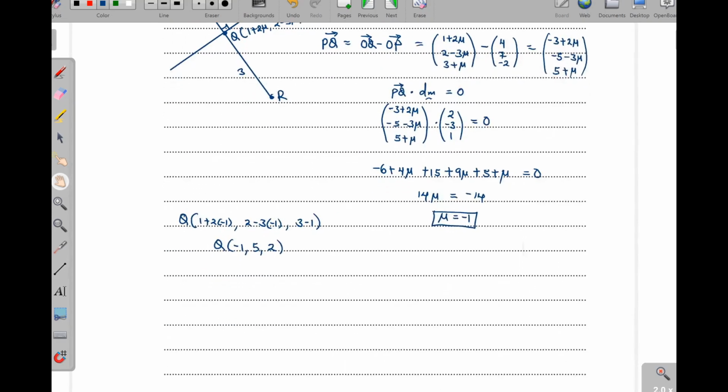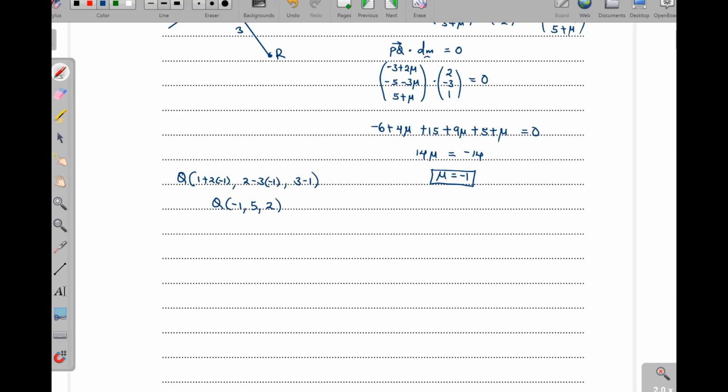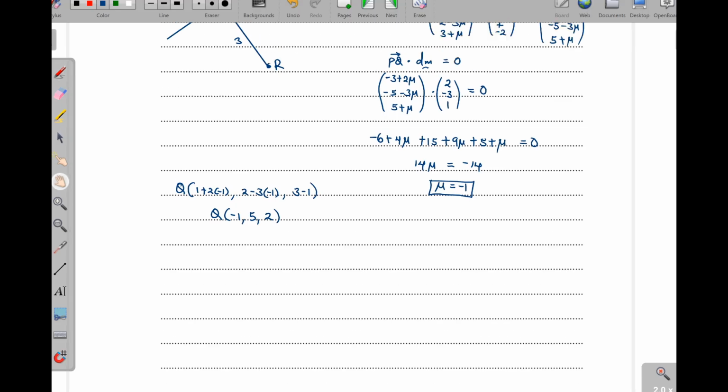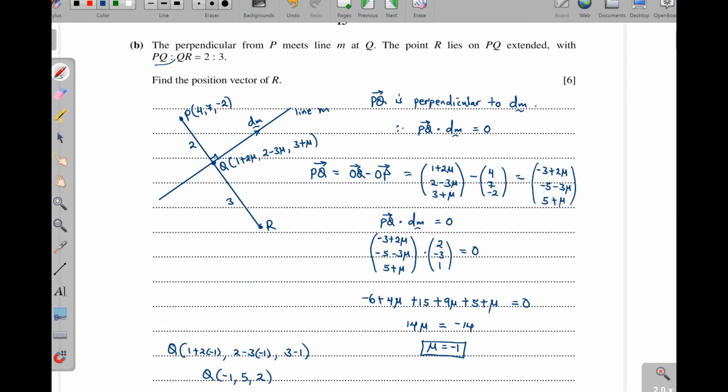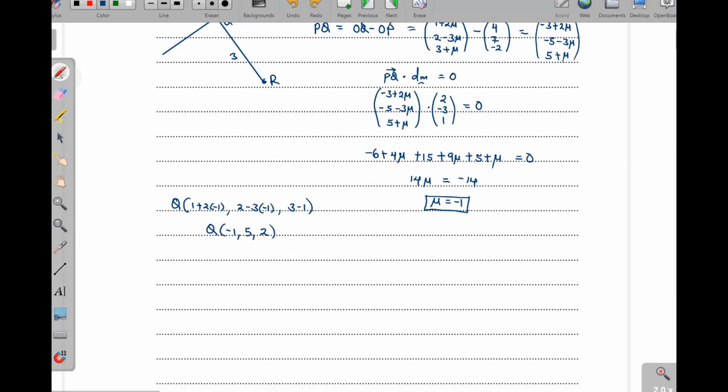Okay, then next, we can have this ratio here. They said PQ over QR is equal to 2 out of 3. So PQ out of QR is equal to 2 out of 3. Not so? Now I can even use vectors the same.